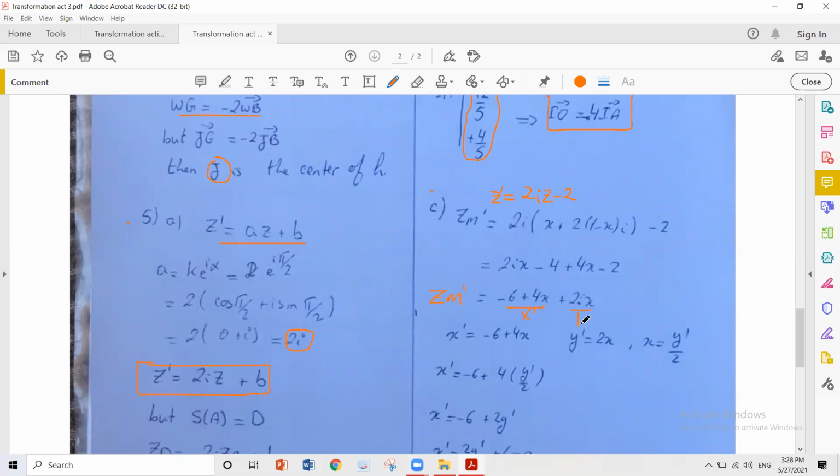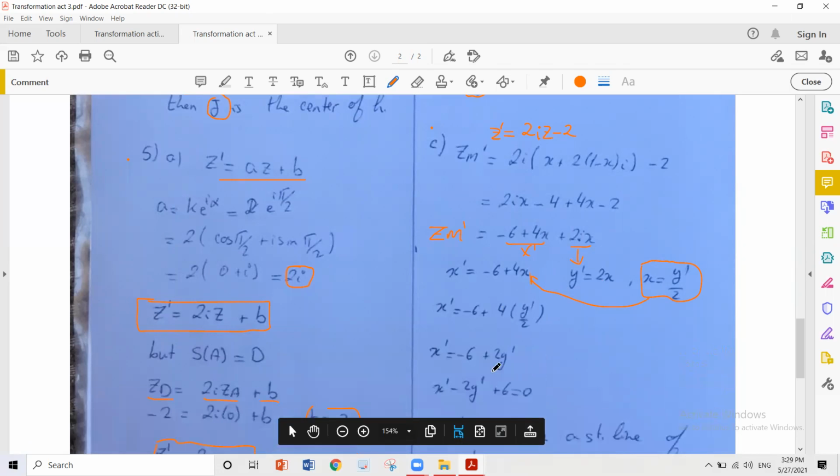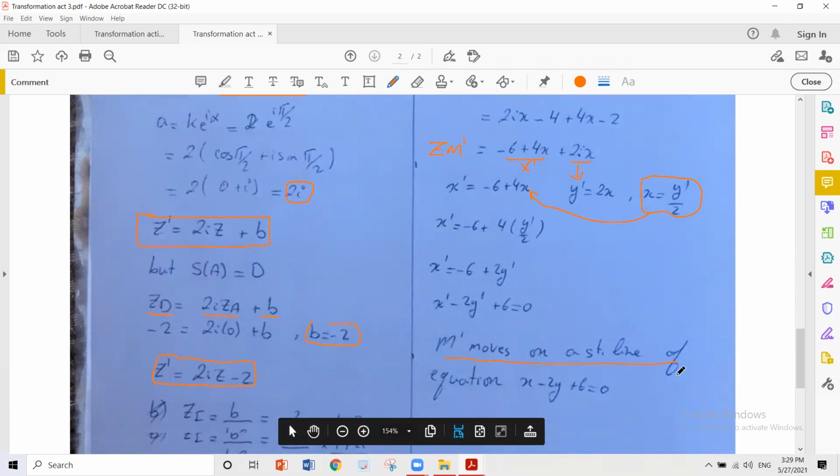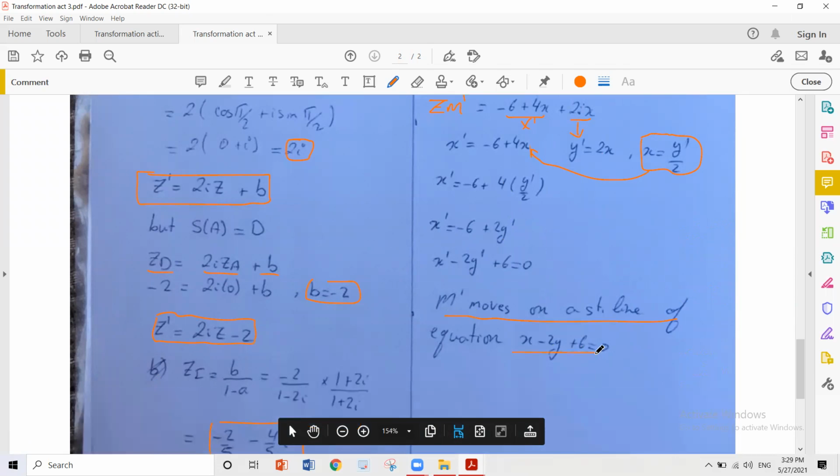This is y prime: y prime equals 2x, which means x equals y prime over 2. I substitute its value here. We get x prime equals minus 6 plus 4 into y prime over 2, so x prime equals minus 6 plus 2y prime, or x prime minus 2y prime plus 6 equals 0. This means M prime moves on a line of equation x minus 2y plus 6 equals 0.